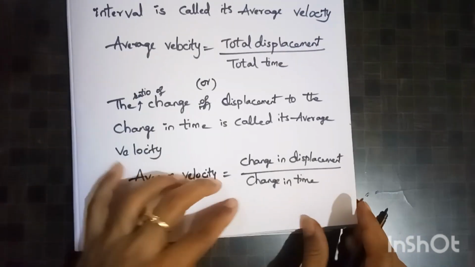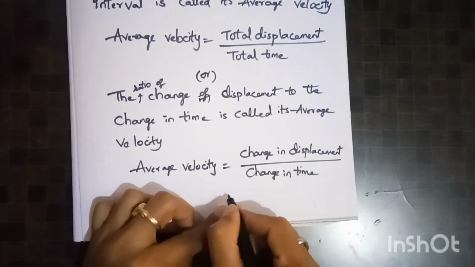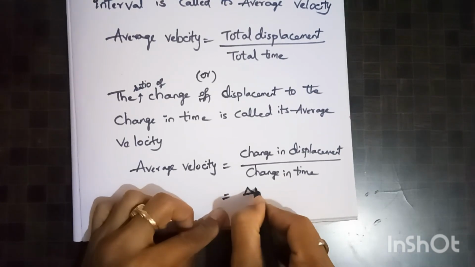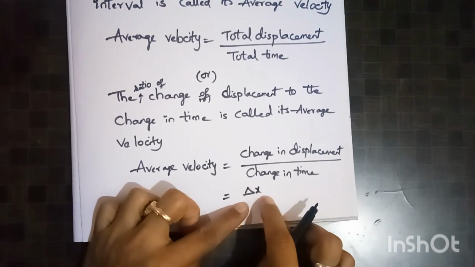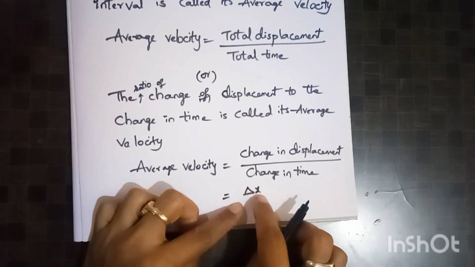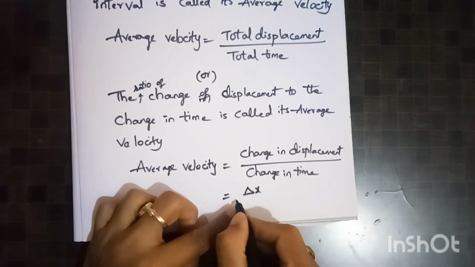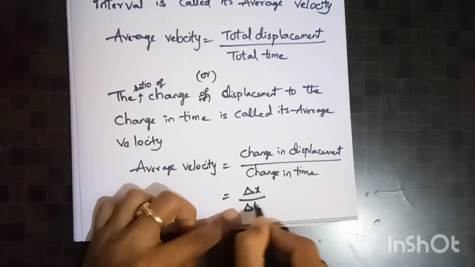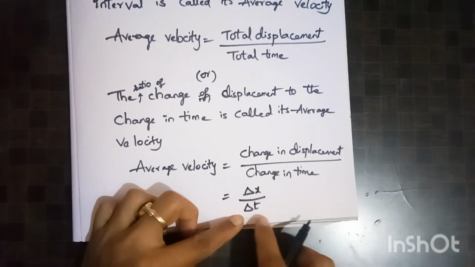So we are denoting this change in displacement as delta x. Delta x means here delta represents change in, x represents displacement, by delta t. Delta t means change in time.